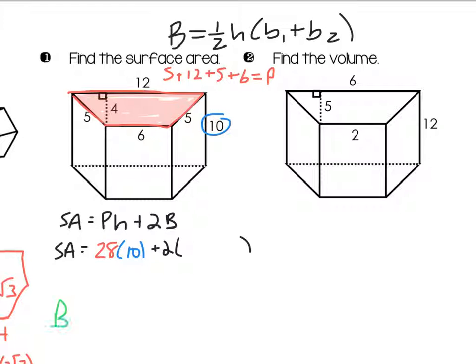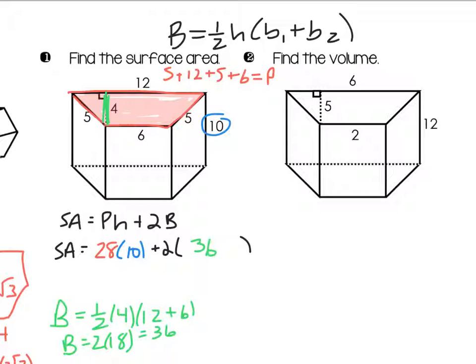So the area of my base is 1/2. Height is, now we're talking about just the base of the trapezoid, so that would be 4 times B1 is 12 plus B2 is 6. So 2 times 18 would be 36.